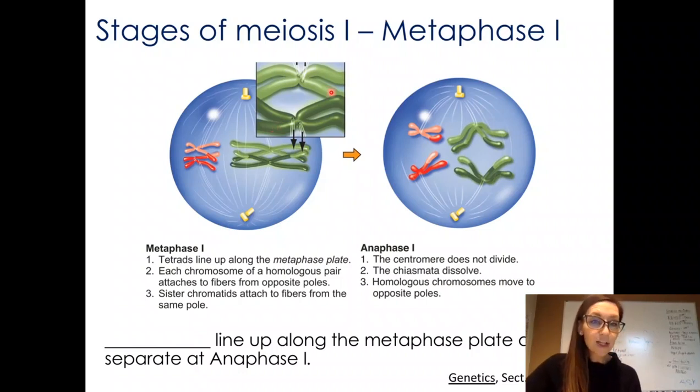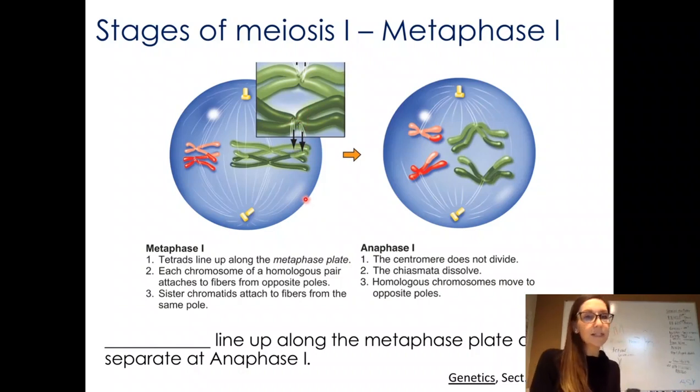And so when they're attaching, this gives you kind of an in-depth view here. What's attaching is actually the microtubules from opposite poles. If you look at this green pair right here, this chromosome has both of its sisters attached to the same pole, and this one has both of its sisters attached to the same pole.